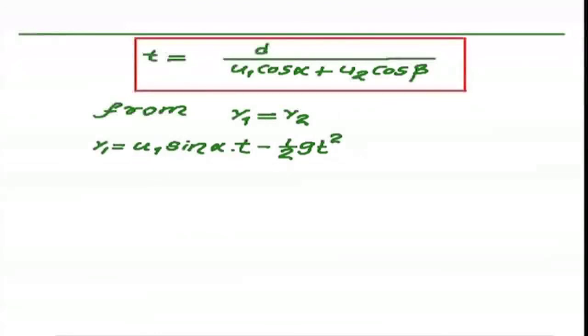This is the value of y1, and y2 for the second projectile can be written as u2 sin beta t minus half gt square.